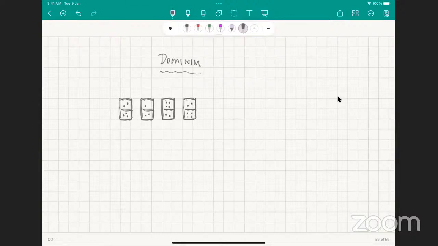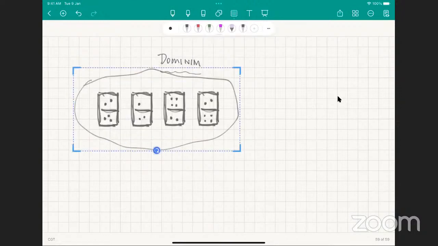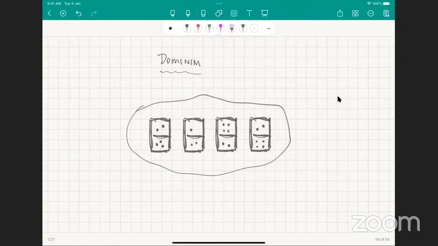All right, so a typical playground for Dominim is a bunch of dominoes lined up like that. So your playground is all of the top halves of these dominoes. What you can do is reduce the number of dots in any of these, right? And once you do that, you get to flip the domino, okay? And what is at the bottom comes on the top.